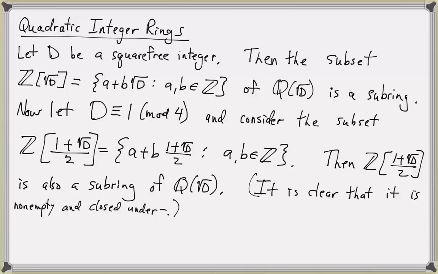Well, it's a little trickier to show that it's closed under multiplication. Let's take two arbitrary elements of this subset and multiply them together.